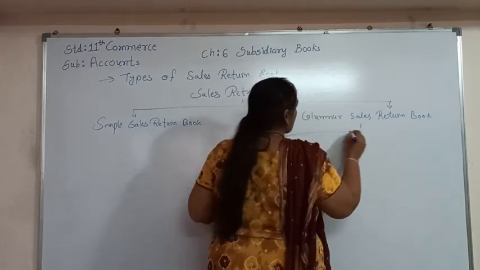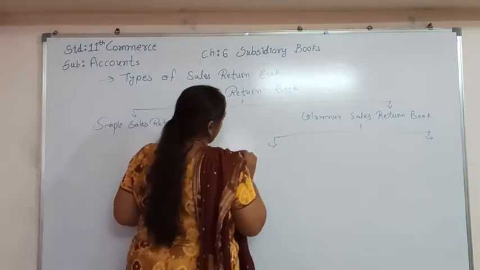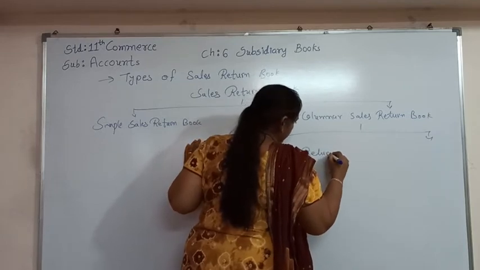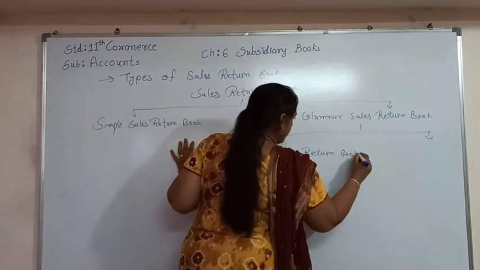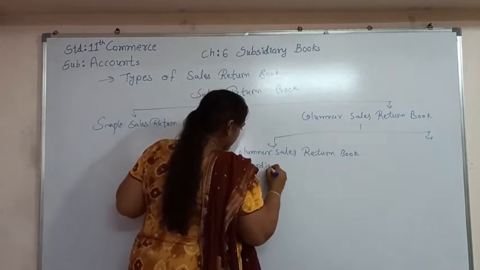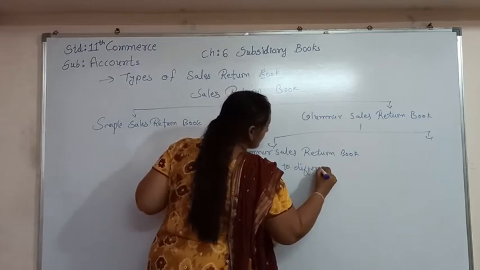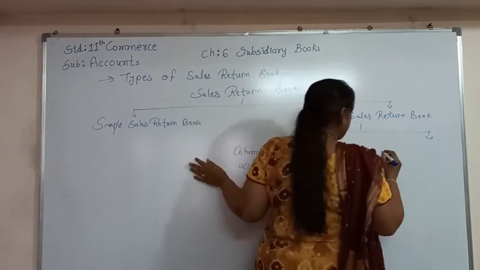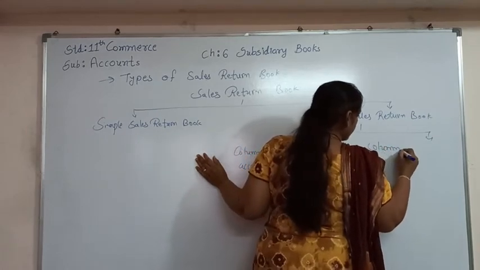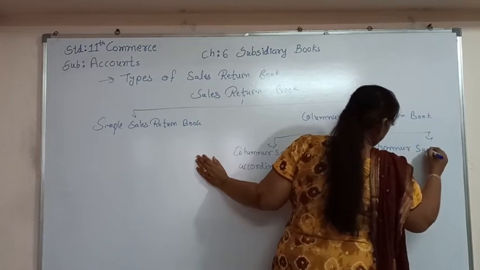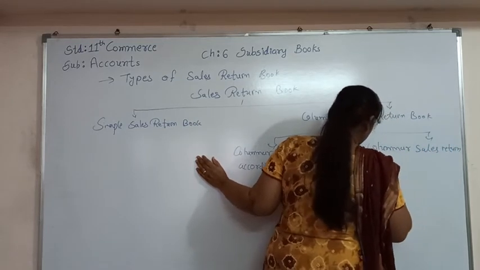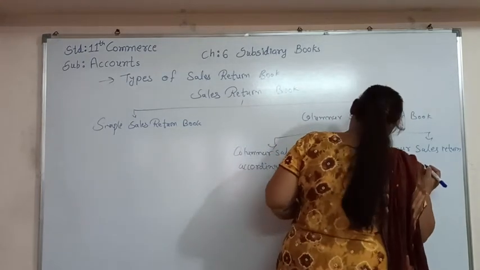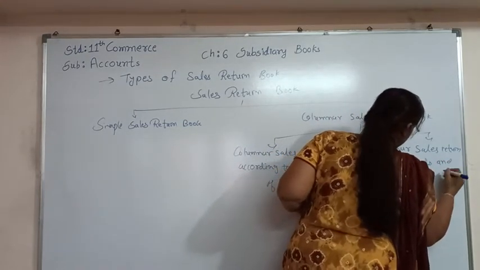And the column sales return book is again divided into two categories: the column sales return book according to different types of goods, and the column sales return book of goods and expense.